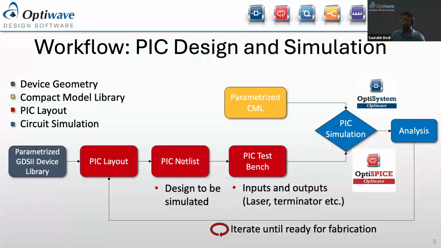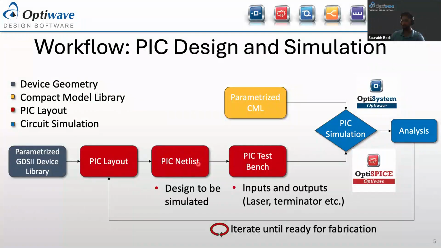And this netlist is nothing but a text file which contains information about all the components used in this layout. So it will list the components. It will also tell about the ports, whether electrical or optical ports, and also the connections established between these components.